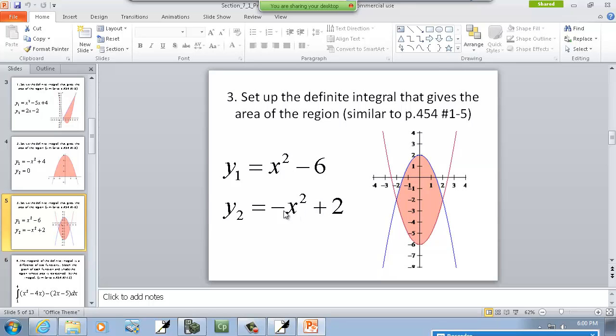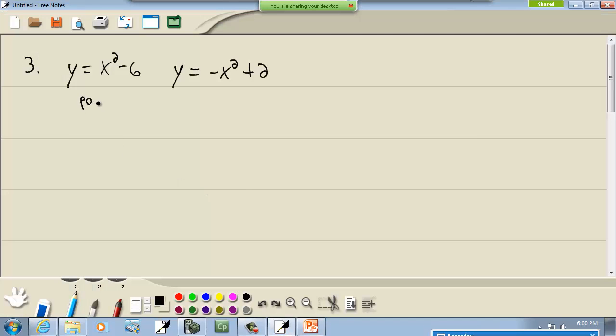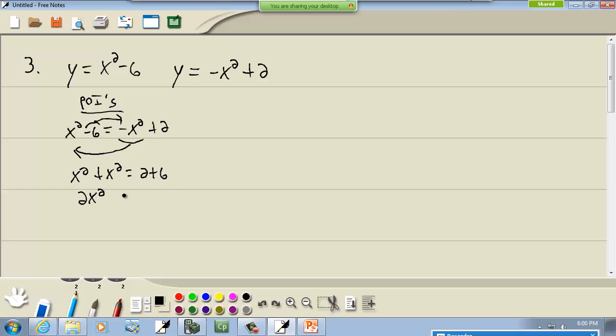But let's find our POIs. So we'll set x squared minus 6 equals negative x squared plus 2. I'm going to take the negative x squared here, move it to the left side, take the negative 6, move it to the right. So I get x squared plus x squared equals 2 plus 6, which gives us 2x squared equals 8.